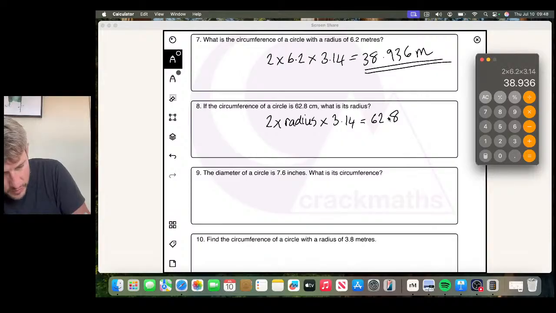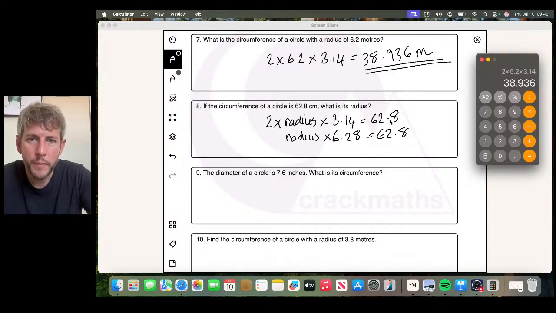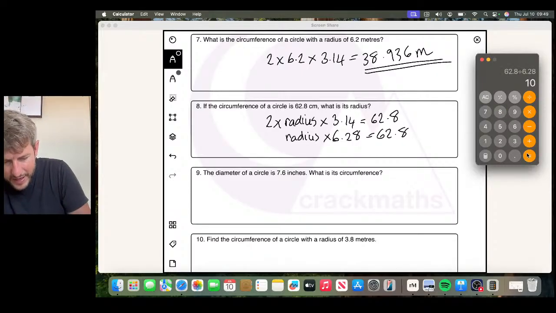So radius times 6.28 equals 62.8. And then we've got to think what times 6.28 equals 62.8. We can probably see that it's 10, but we can also work this out by doing 62.8 divided by 6.28. Remember, this is the reverse calculation. So the radius equals 10 centimeters.